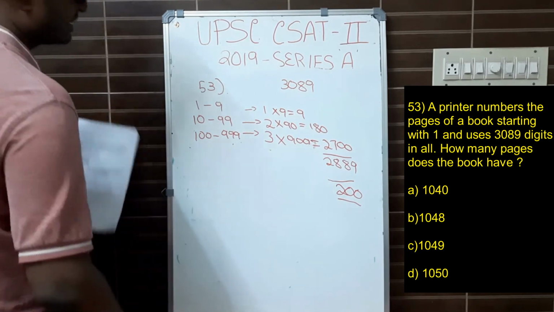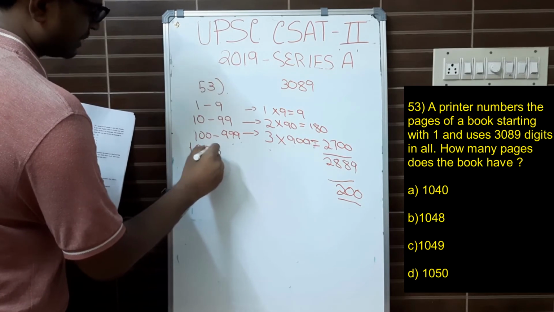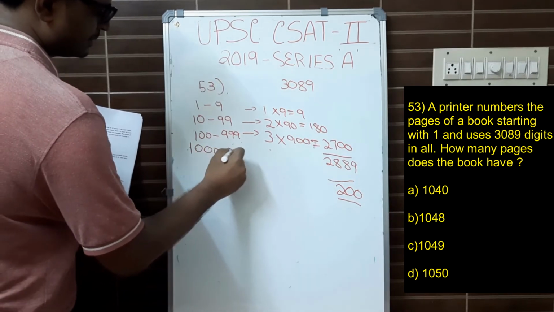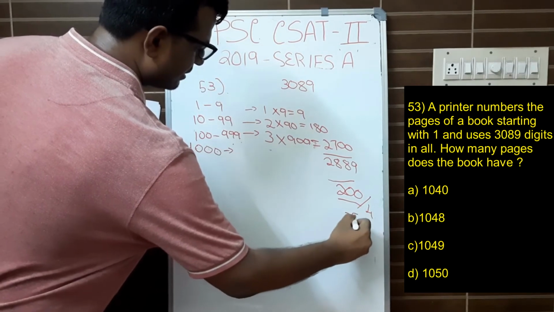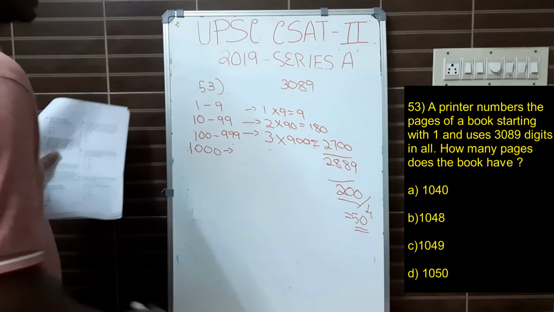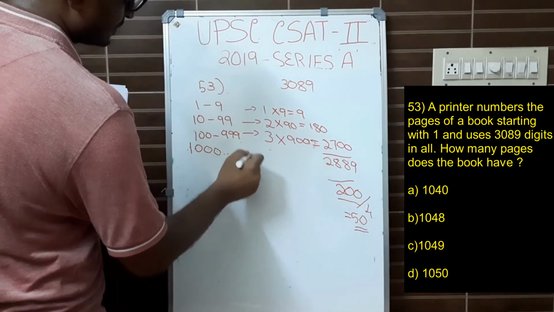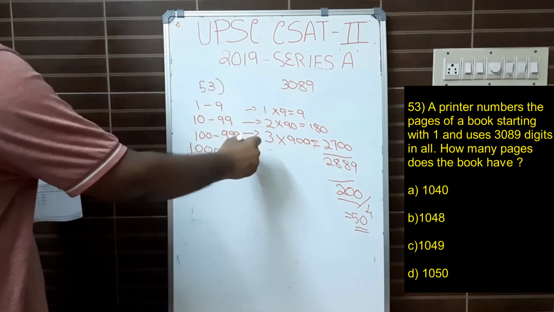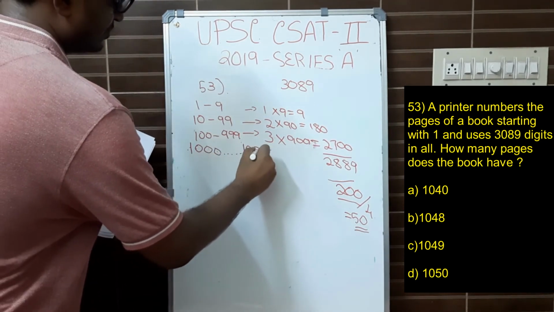For page numbers starting from 1000, we are using 4 digits, 1, 2, 3 and 4. So 200 by 4 will allow us to print 50 more pages. But these 50 more pages will start from 1000. Some of you may think the last page to be printed is 1050, but it's not so.